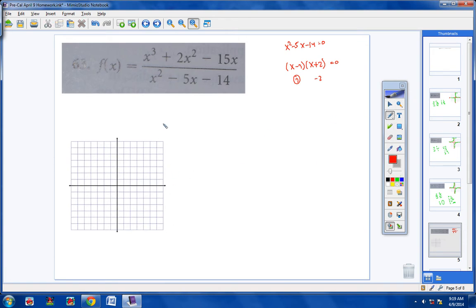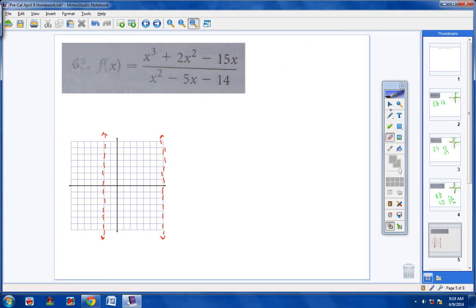Okay, we have a vertical asymptote at positive 7, and a vertical asymptote at negative 2. There we go. Okay, moving on.